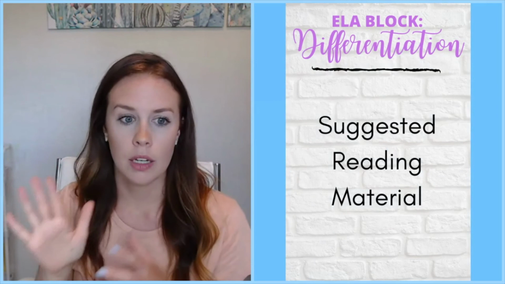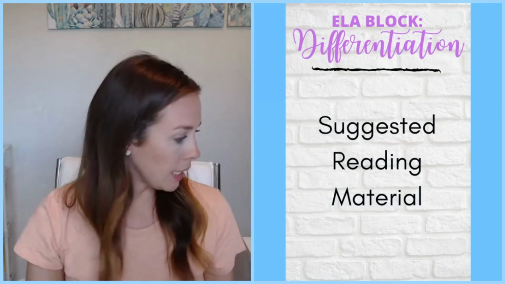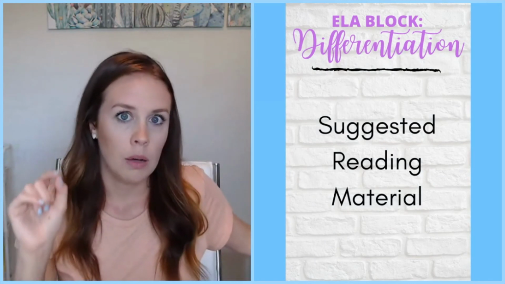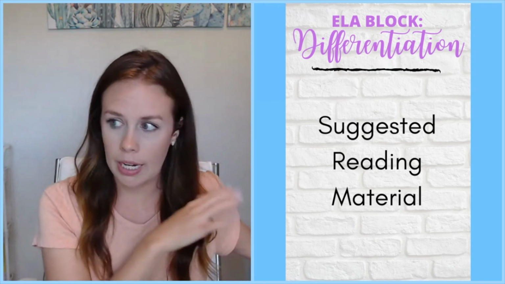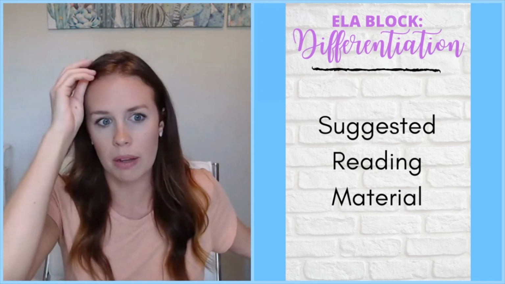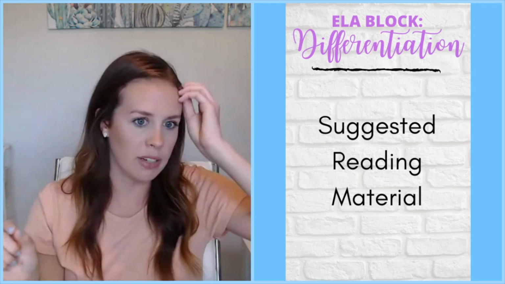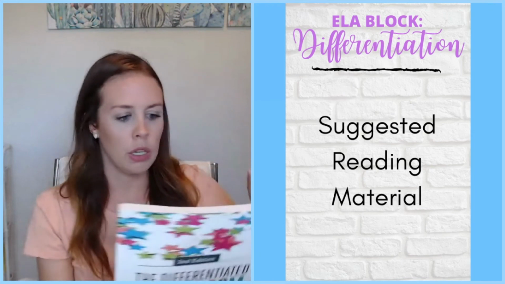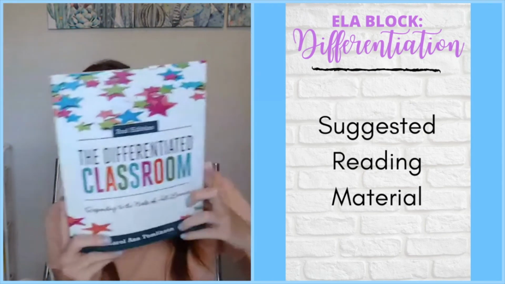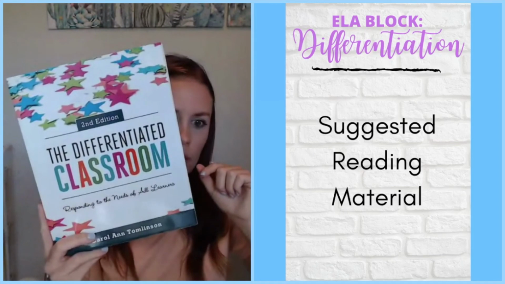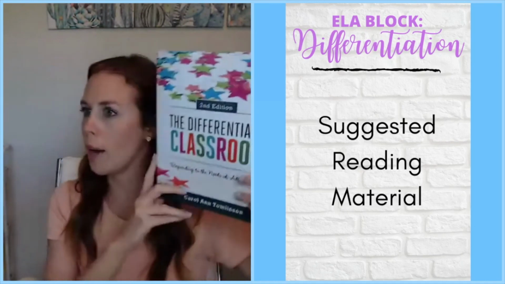The last thing I'm going to talk about is a suggested book that I found last year. It was going to be my book study, and I ended up using a different book. It was in my Facebook group. It's called The Differentiated Classroom by Carol Ann Tomlinson, and I will drop a link to it.